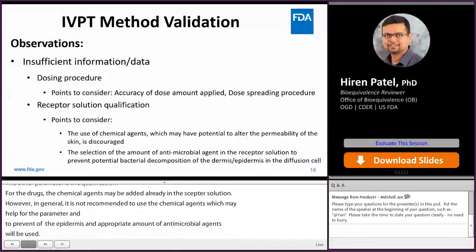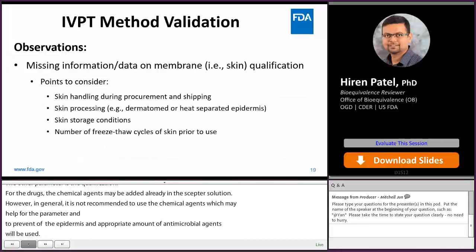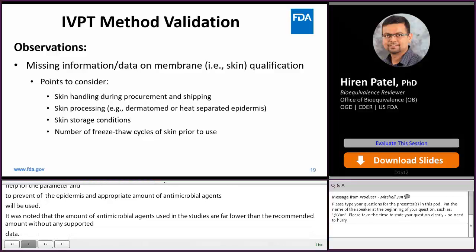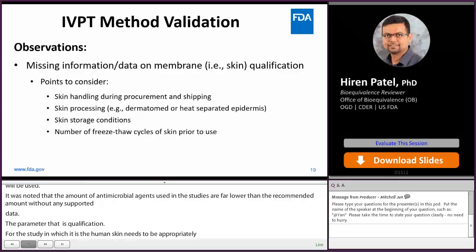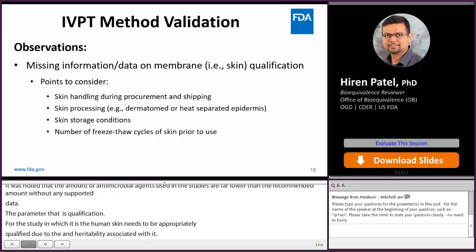Moving on to another parameter, that is skin qualification. For an IVPT study in which the membrane is human skin, it needs to be appropriately qualified due to the inherent variability associated with it. The submission sometimes does not have detailed information about skin handling during procurement and shipping, skin processing, for example dermatome or heat-separated epidermis, skin storage conditions, and number of freeze and thaw cycles prior to use for testing.